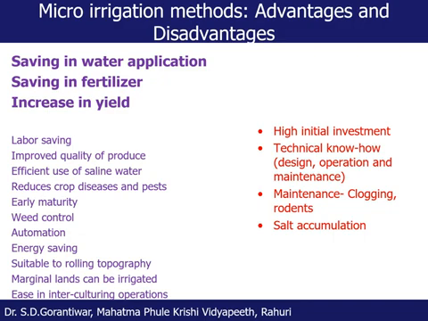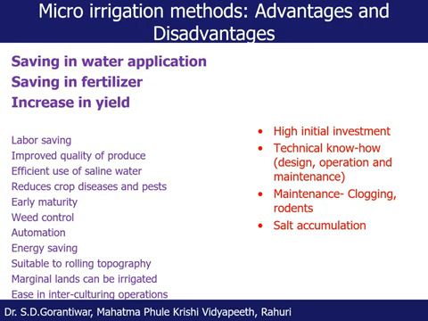But in case of drip irrigation method, as we just saw in the previous slide, we can apply water perfectly into the root zone, and fertilizer we apply along with the water, and as water can be applied perfectly into the root zone, fertilizer is also applied perfectly into the root zone, and therefore along with water saving, there is fertilizer saving as well.